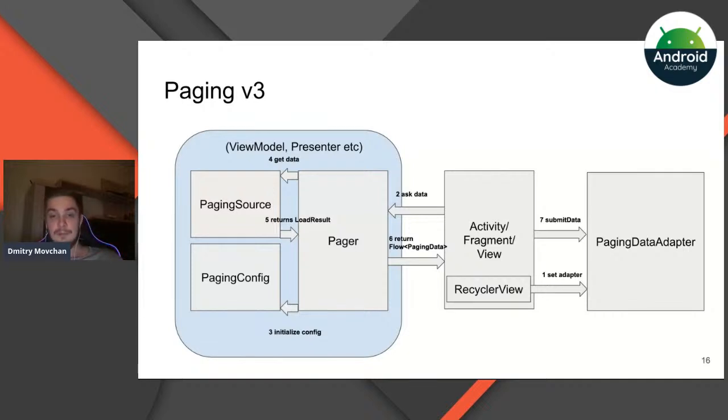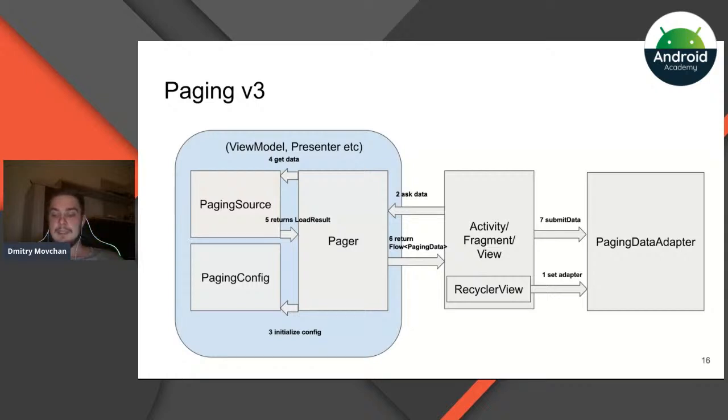Still, you can do it inside your activity, for example. And we communicate with a class called Pager. This Pager itself works with PagingConfig and PagingSource. After that, Pager returns some Flow or Observable of PagingData that will be submitted to the PagingDataAdapter.